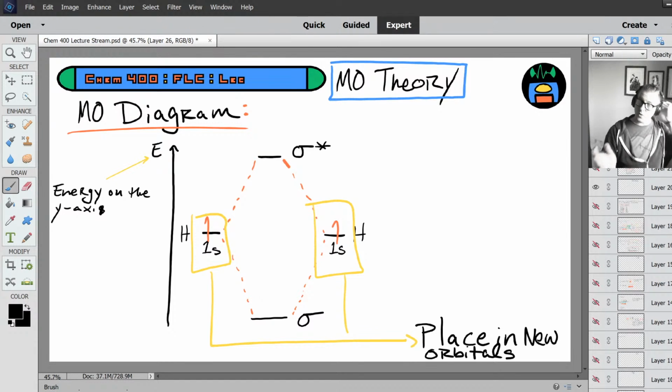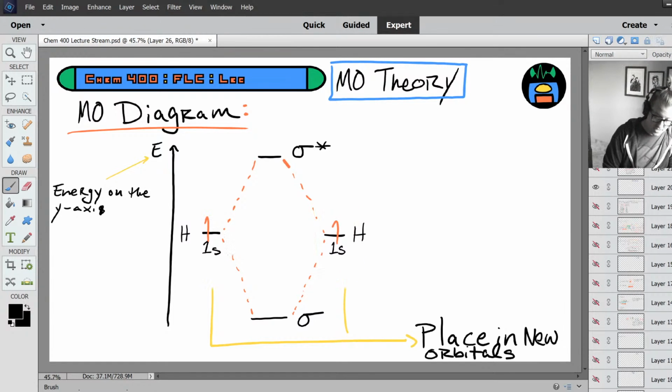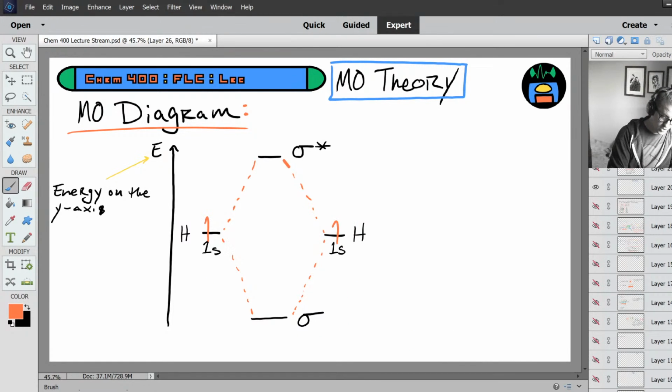And as we know, electrons always go for the lowest energy orbital available. Sigma is lower energy than sigma star, so both of these electrons are going to occupy the bonding orbital. So we show that by drawing them there. Both electrons are in the sigma bonding orbital, and there are no electrons in the antibonding orbital.